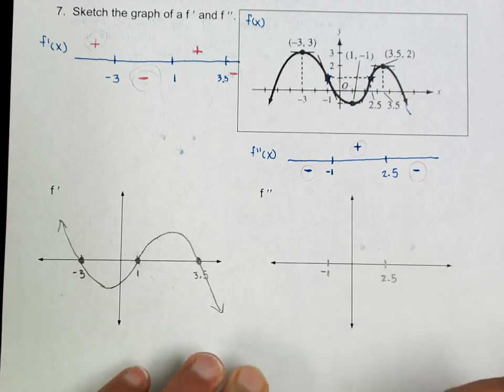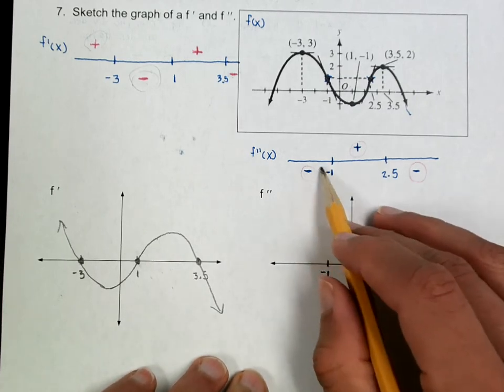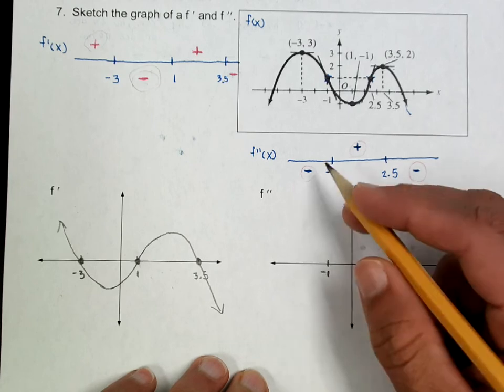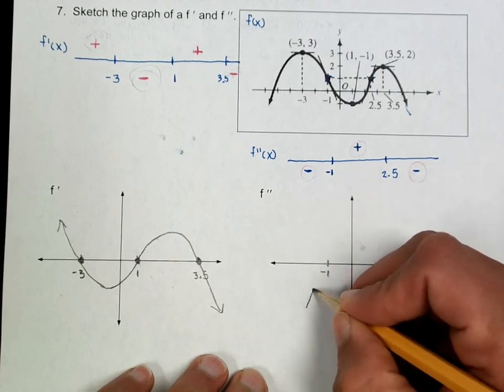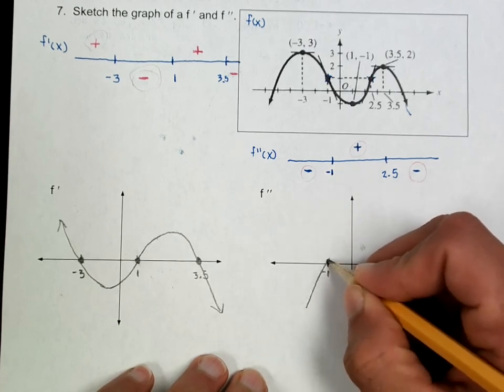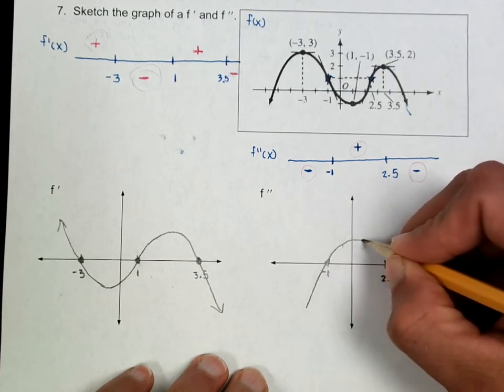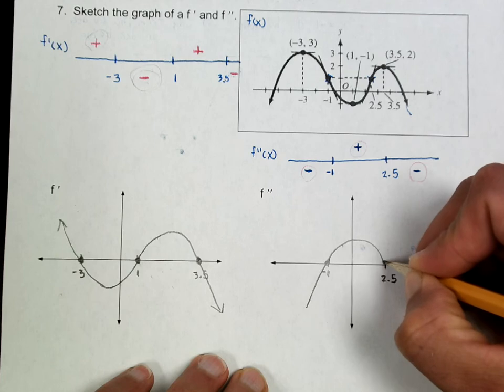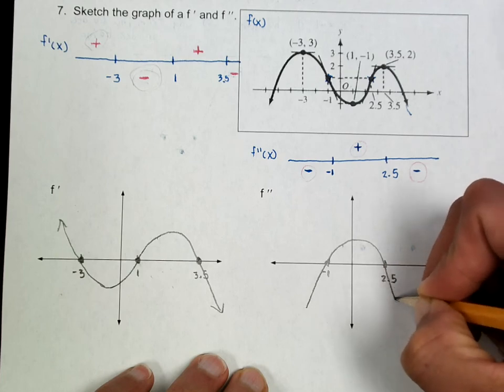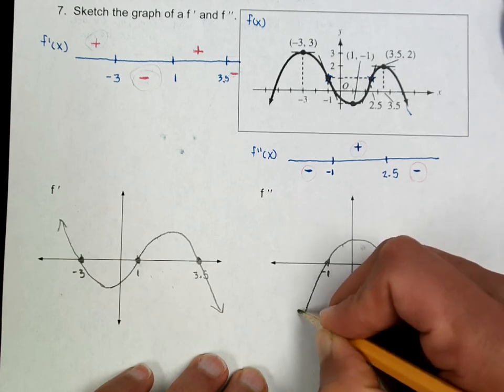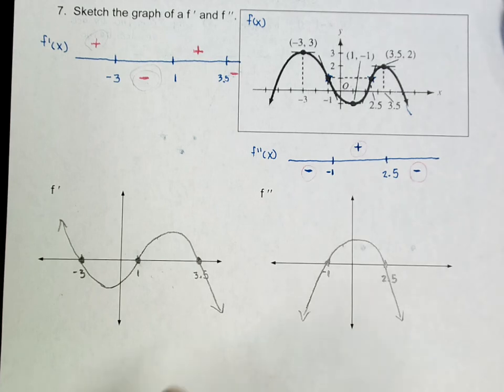On this part right here, I have to start down here because this is negative. Then I have to go through that root and keep going. I'm going to be positive all the way until I get to 2.5. And after 2.5, I have to be negative. So that'll be the graph of the second derivative.